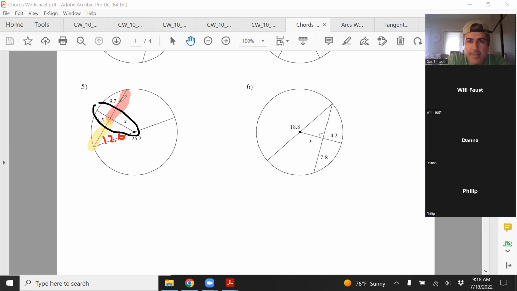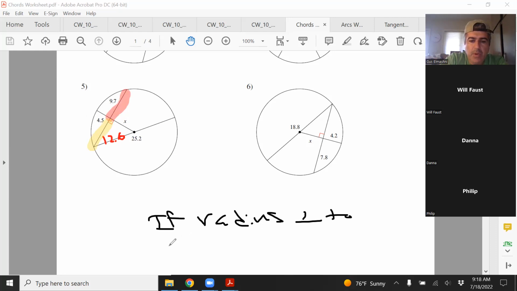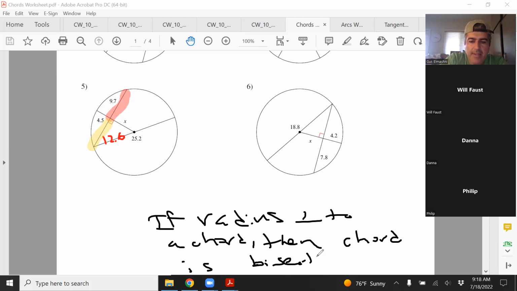Obviously, that's a radius, right? Because it's coming from the center. So it's cutting the chord in half. So remember, this is the main concept here: if a radius is perpendicular to a chord, then the chord is bisected, okay? So that means that this is also 9.7.